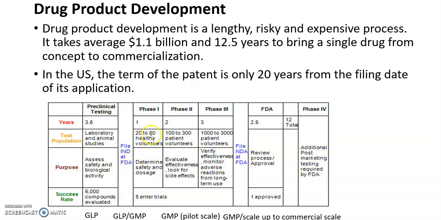About 100 to 300 patient volunteers are recruited, and you test for safety as well as the efficacy of the drug. Efficacy is tested starting from phase 2. If the data comes out positive, you move on to phase 3, which is much larger scale, maybe 10 times larger, 1,000 to 3,000 patient volunteers. You continue testing the safety and efficacy of the drug, and at the end you can file an NDA.